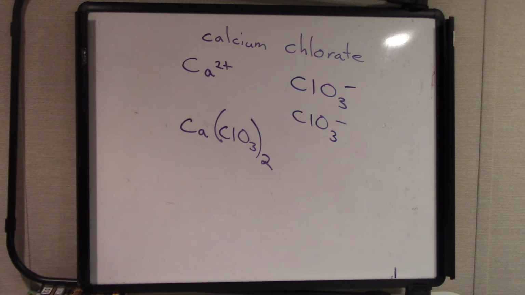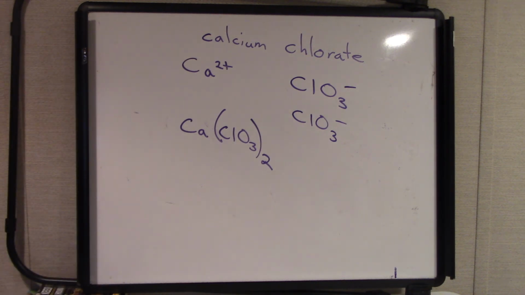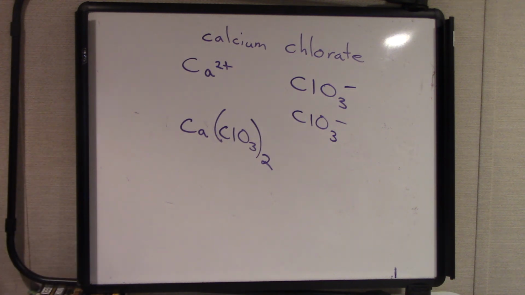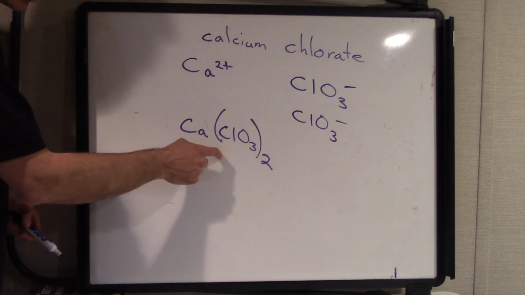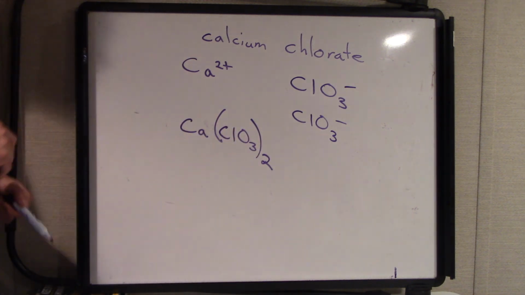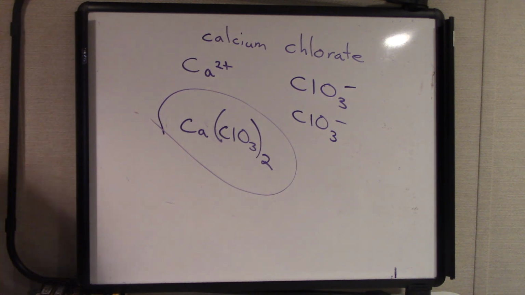Sometimes you use parentheses in your writing to set aside a specific thought. Sometimes you use parentheses in math for grouping. This now clearly shows that this is the group, ClO3, and then I have 2 of them. So this is going to be our final formula.